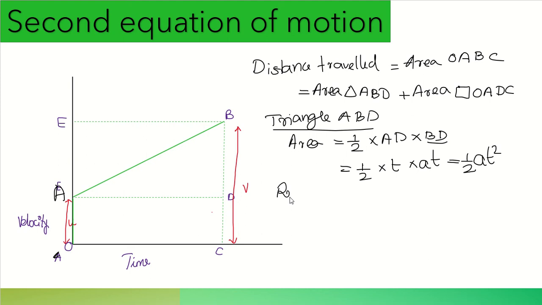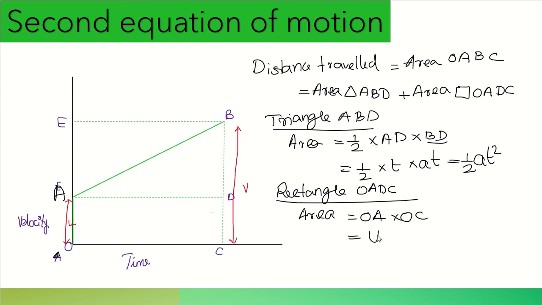Now we have the rectangle. What is the rectangle? O, A, D, C. The area of the rectangle is equal to OA into OC, right? OA is the initial velocity, OC is t.